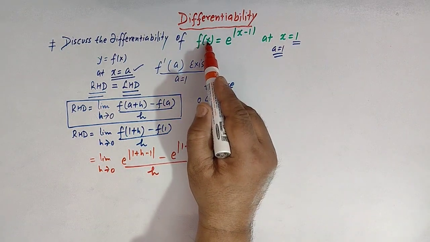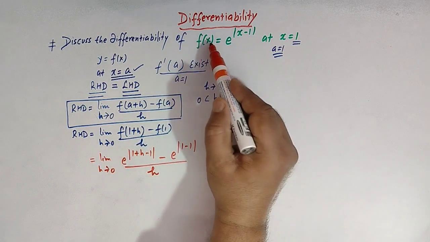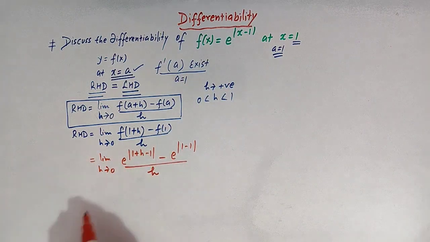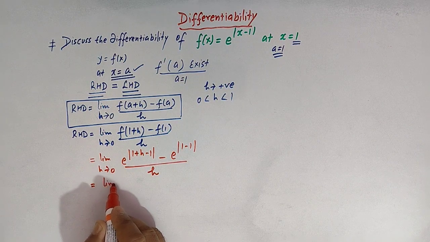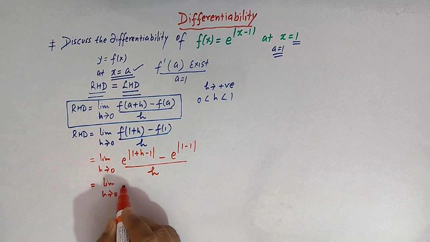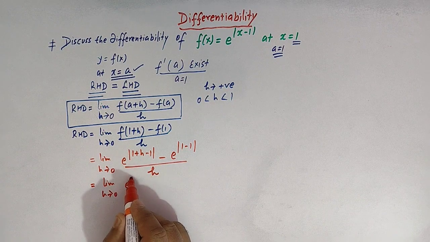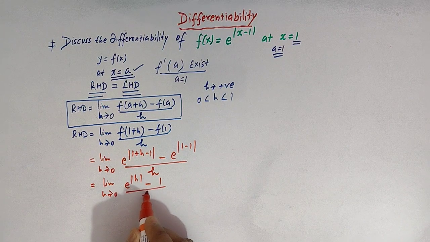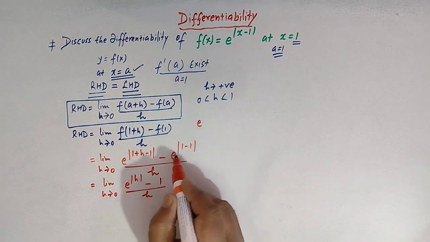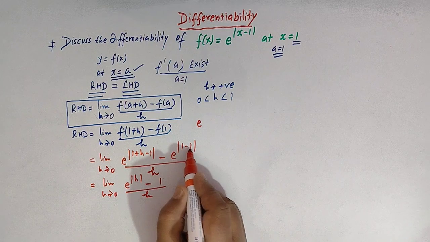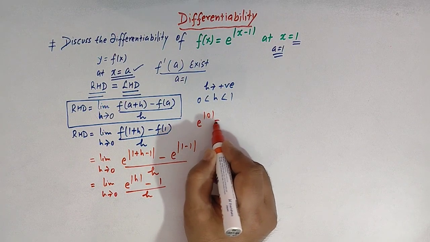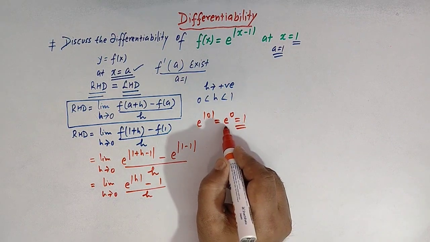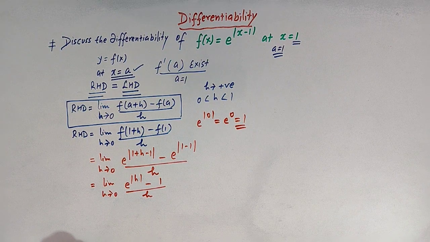This is the limit as h tends to 0 of e raised to mod of h minus 1, because e raised to mod of 1 minus 1 is e raised to mod of 0, which is e raised to 0, and that is equal to 1, where e is the exponential number.